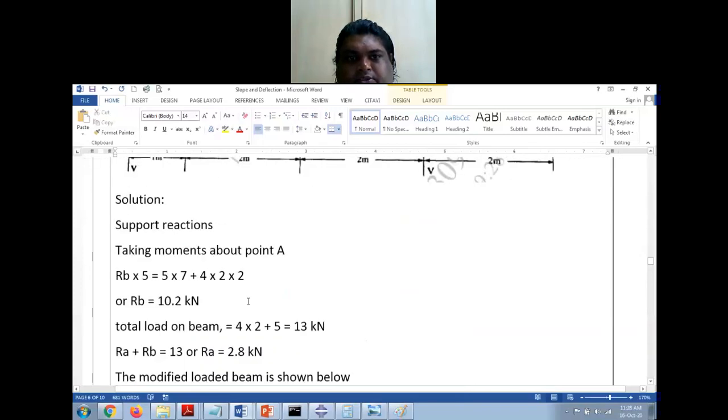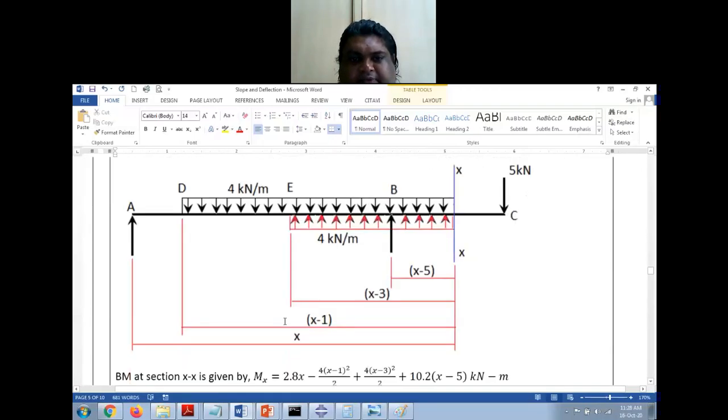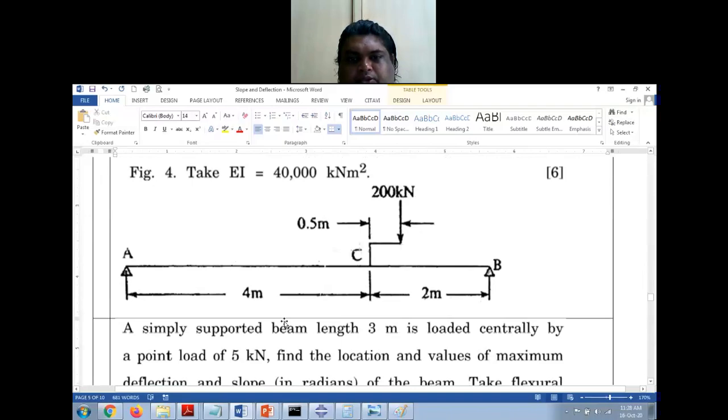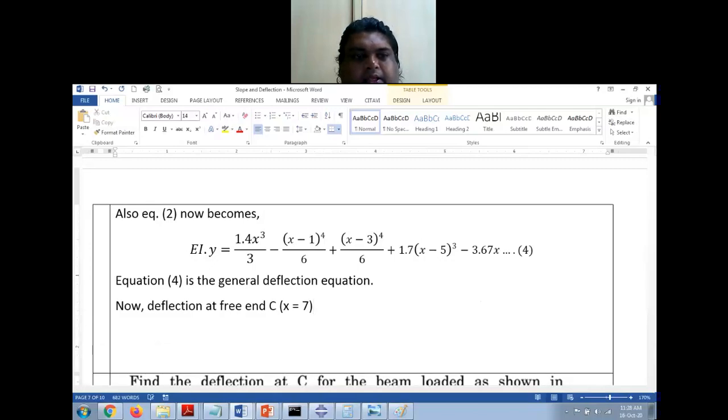This is the entire length. I need to take 2 plus 2 plus 6 plus 1, 7. So x is equal to 7. Now I have to use this equation and I substitute x as 7 in this. I will get the deflection.